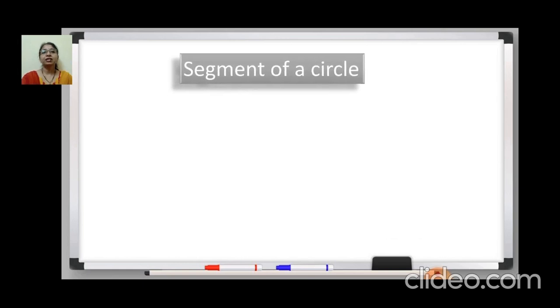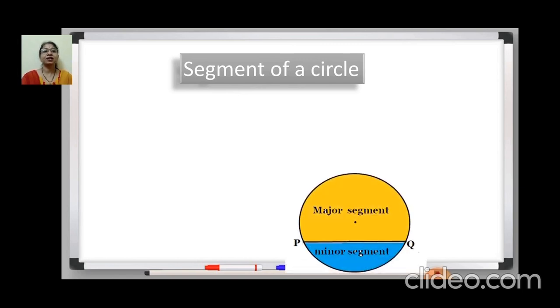Then comes segment of a circle. So let us see what is segment. So here is a circle. PQ is a chord, and what this chord PQ does, it divides the circular region in 2 parts, and each part is known as segment of a circle.